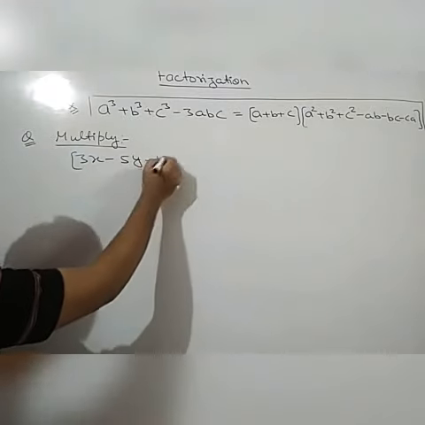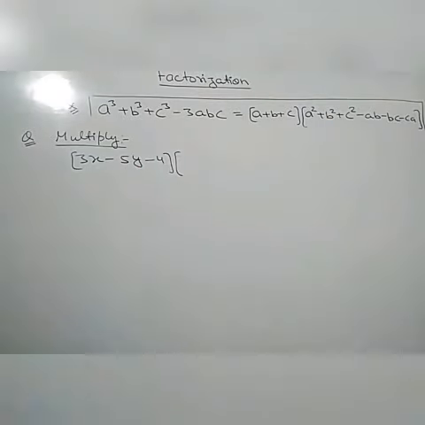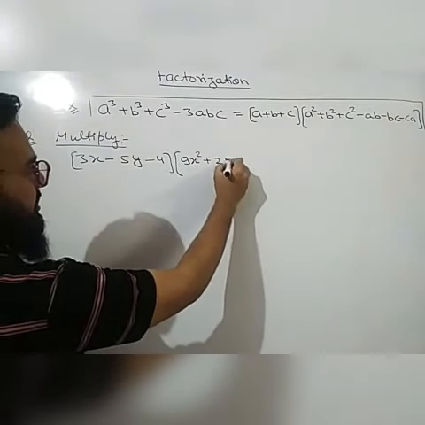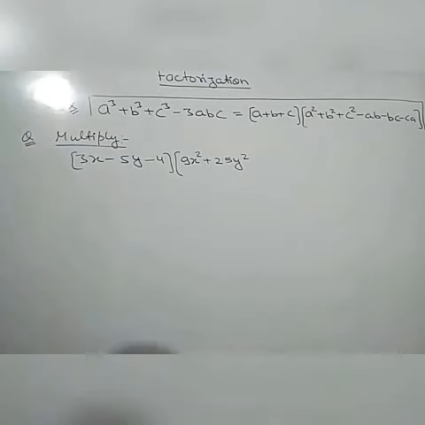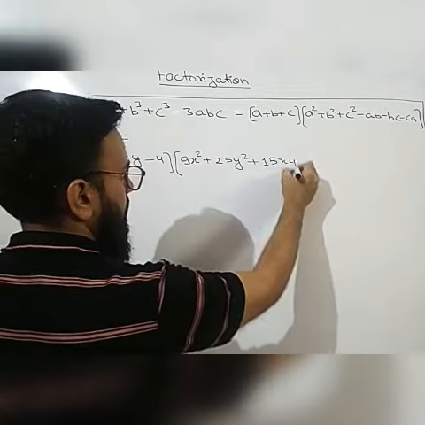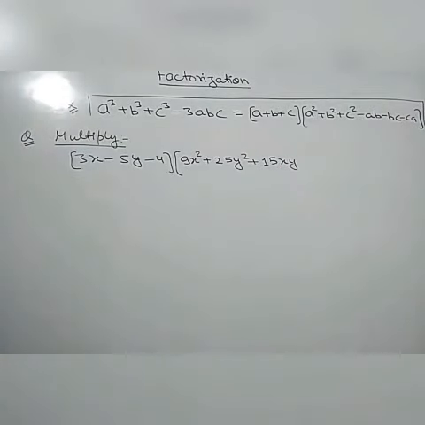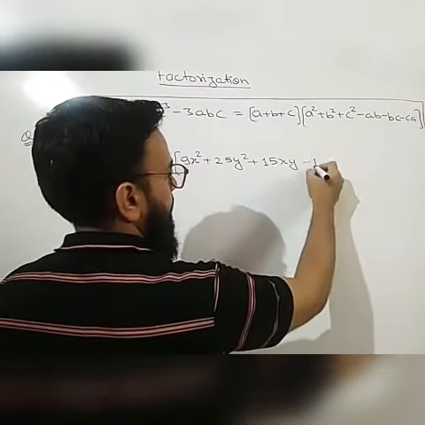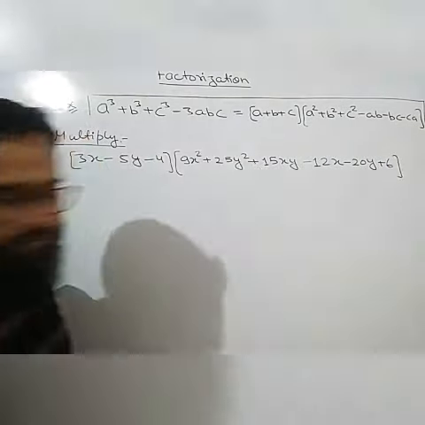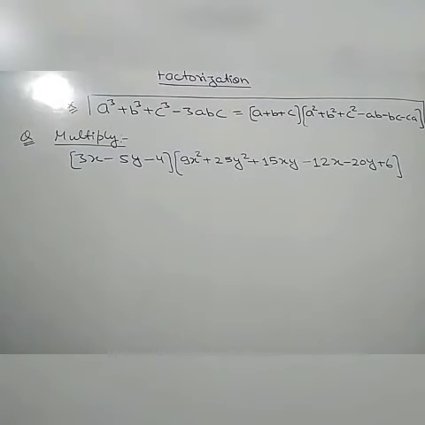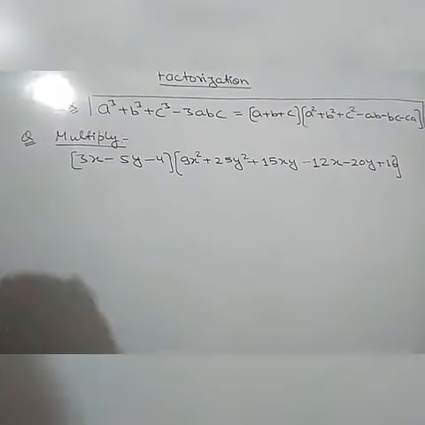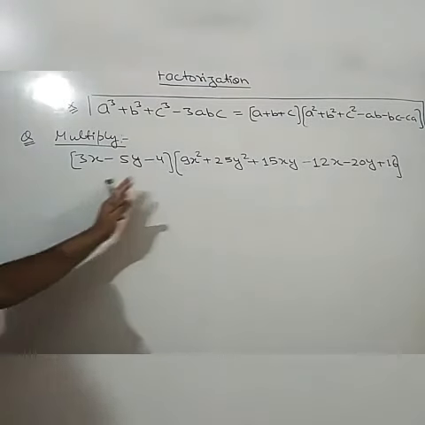And the second bracket is 9x square plus 25y square plus 15xy plus 12x minus 20y plus 6 minus 20y plus 16. Okay, so we have to multiply these two brackets.